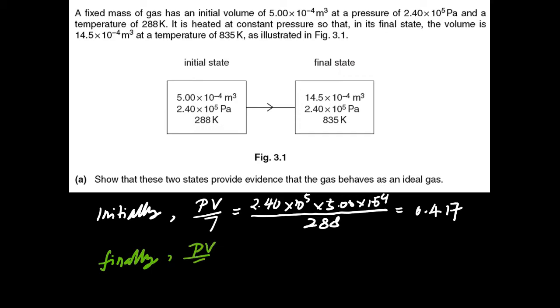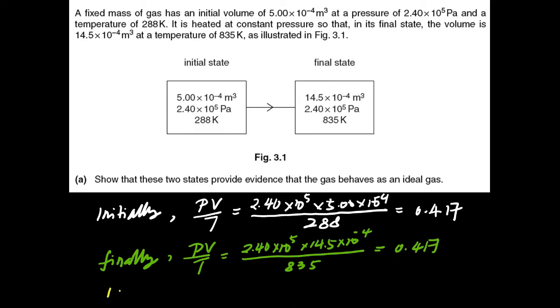And finally, PV over T equals 2.40 times 10 to 5 times 14.5 times 10 to minus 4 divided by the final temperature 835 Kelvin. That also gives us 0.417.